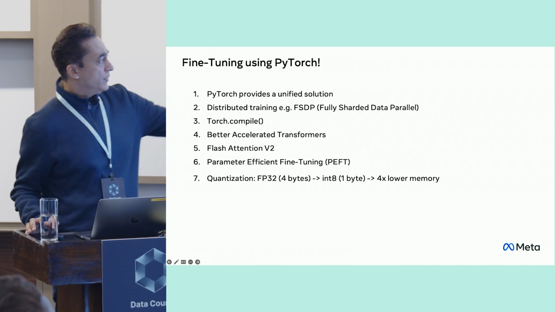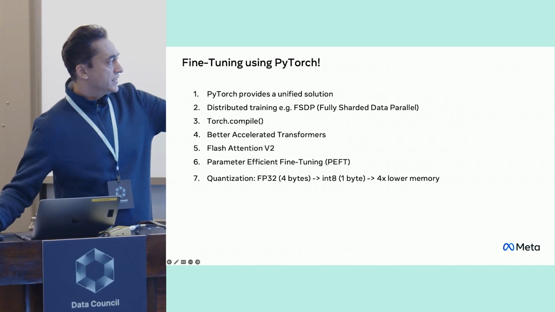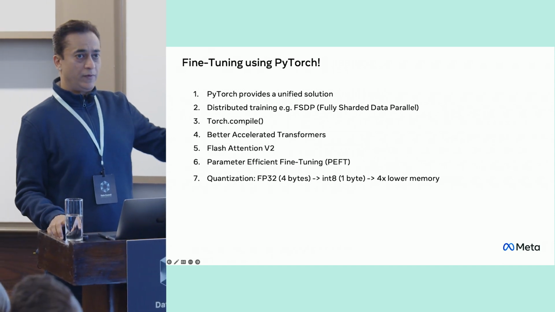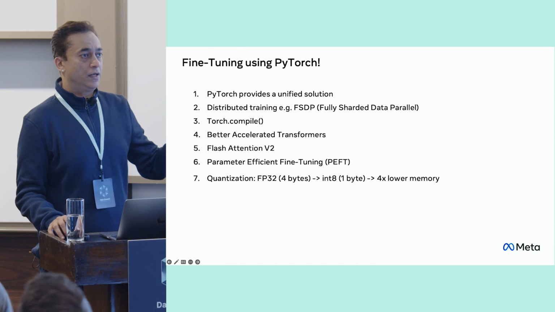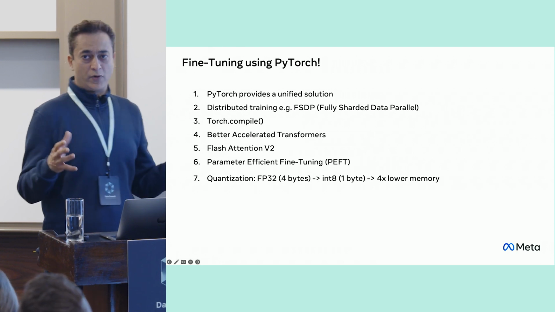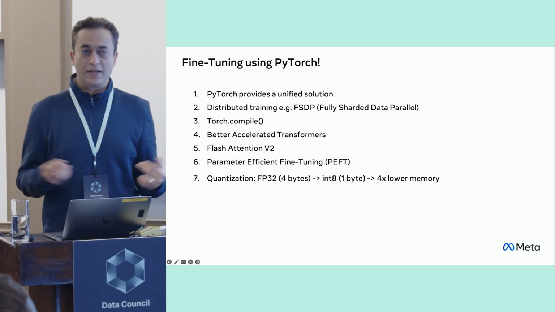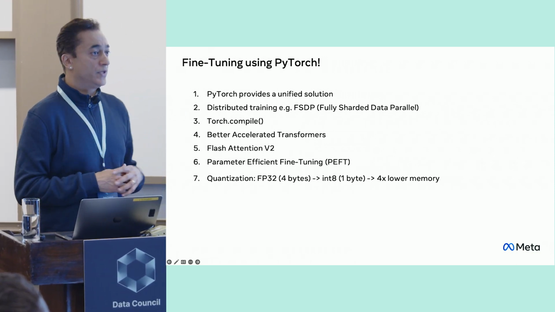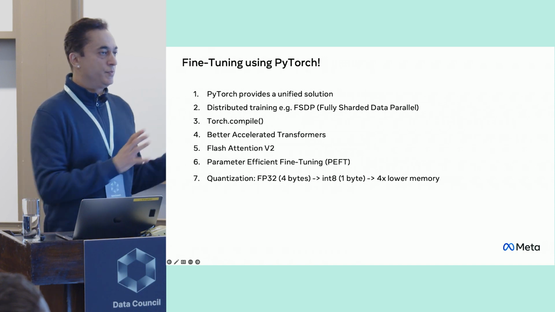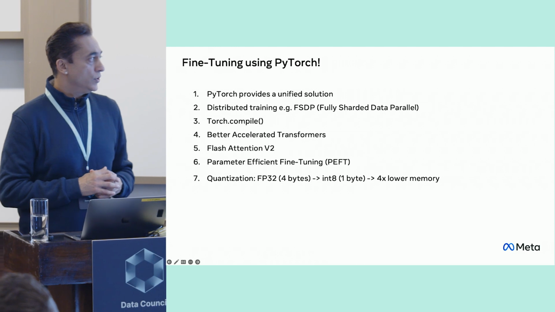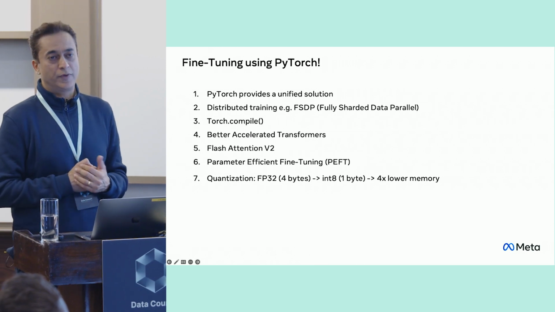And I also mentioned parameter efficient fine-tuning and quantization. So PEFT is one of the ways to do fine-tuning without losing a lot of the memory, what we call catastrophic forgetting. It is an efficient way to fine-tune a model without changing a lot of the previous behavior of the model. And quantization is a way to lower the memory footprint for the model.